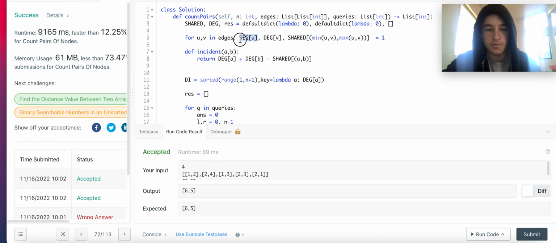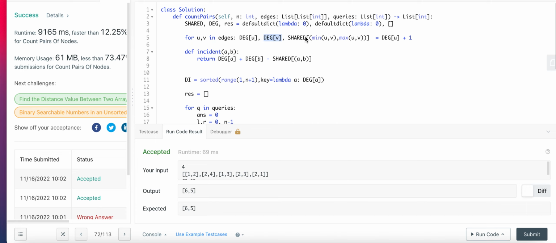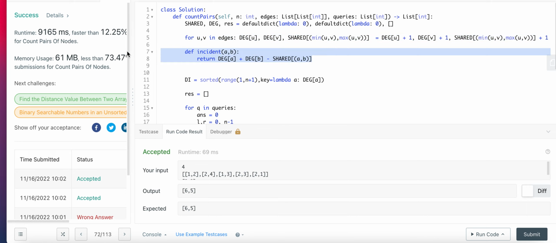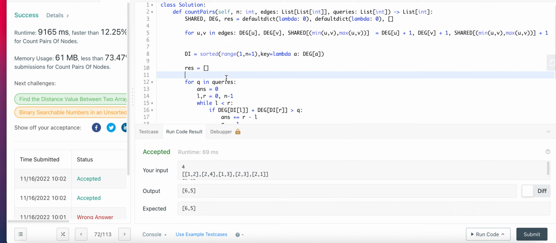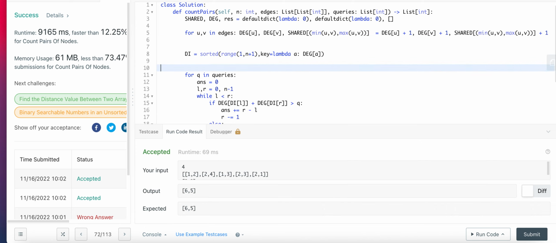Okay, so degree of U, degree of V plus 1, plus 1. And then this we didn't end up using anymore. I guess we could have, but whatever. This we've already defined again.